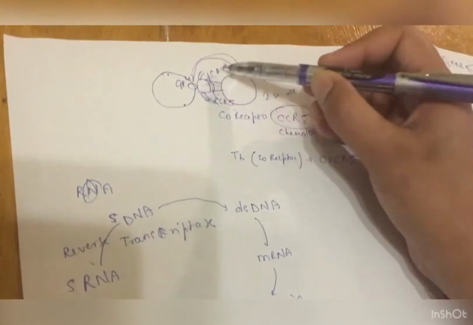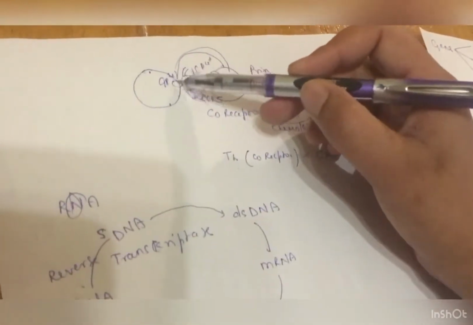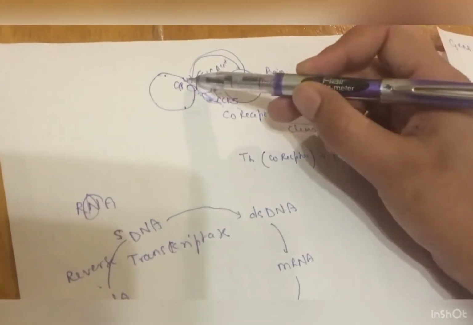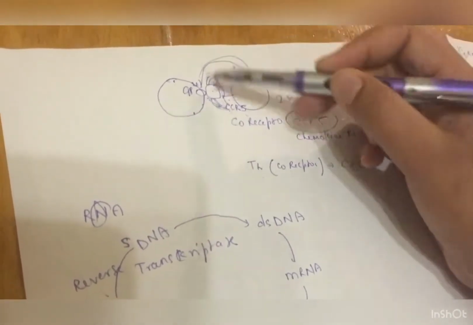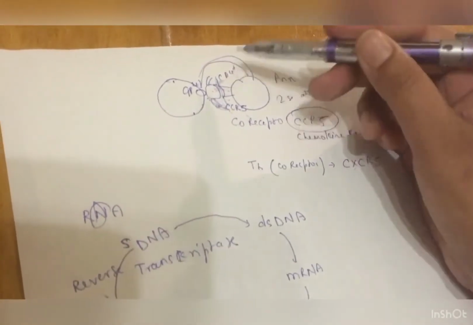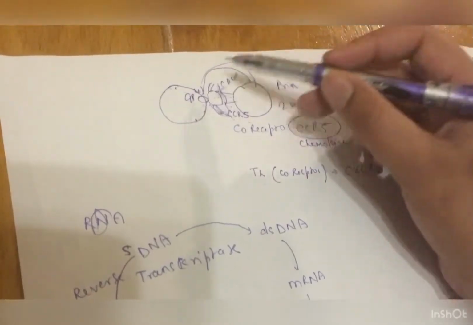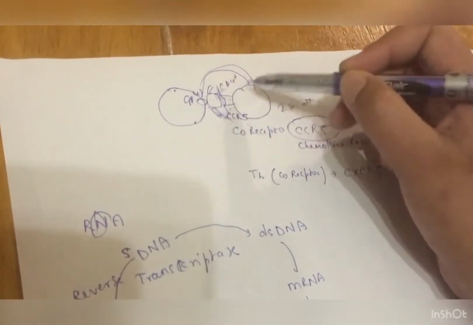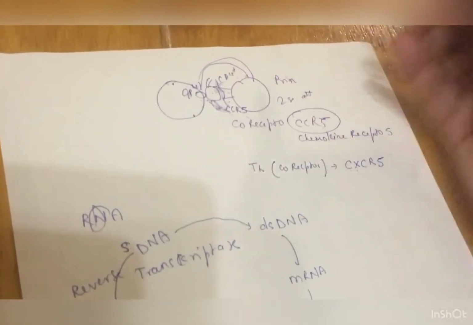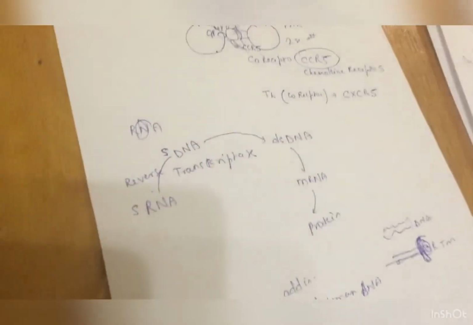Primary and secondary attachment are done. After that GP41 hooks into the membrane of the macrophage and pulls the macrophage around it, and there is fusion of the virus membrane and the macrophage membrane. In this way it enters the macrophage.